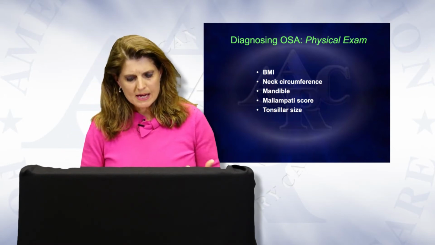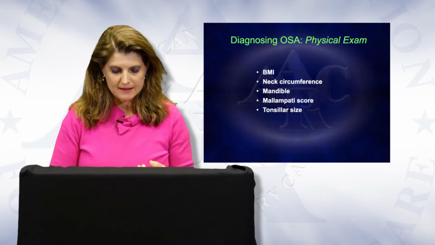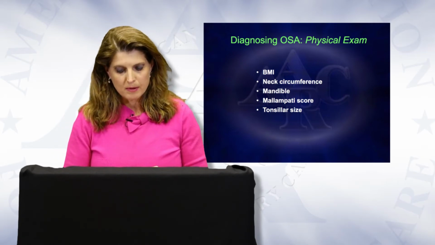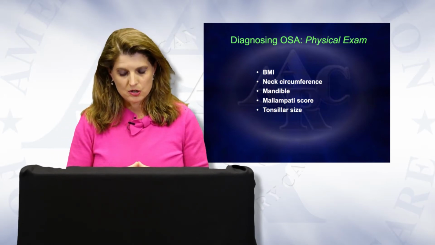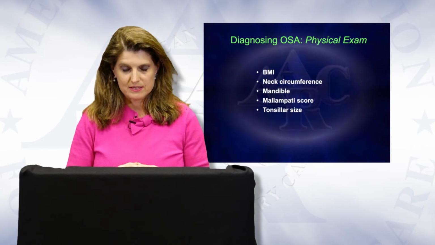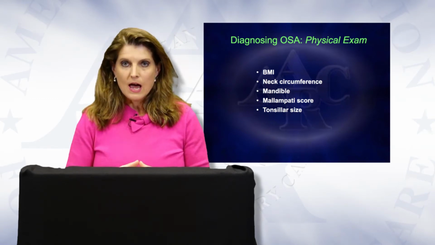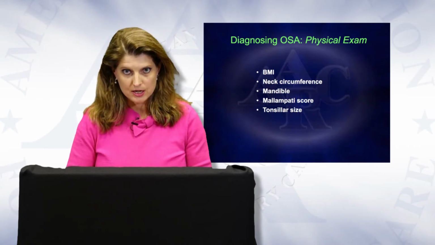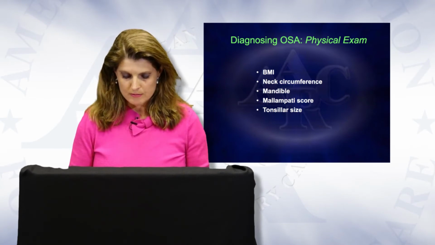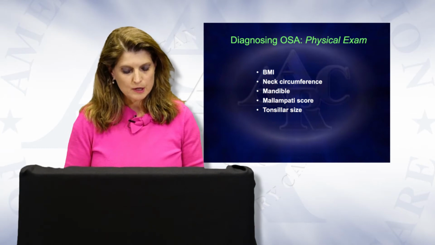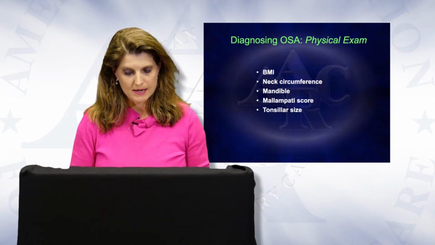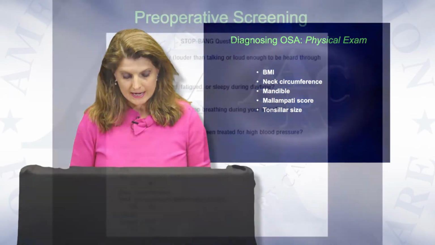You should look at their mandible, retrognathia, micrognathia, or a significant overbite. These patients also have an increased incidence of obstructive sleep apnea, as well as a more anterior airway and a more potentially challenging airway should an intervention be required. The Mallampati score should be determined, as well as tonsillar size.